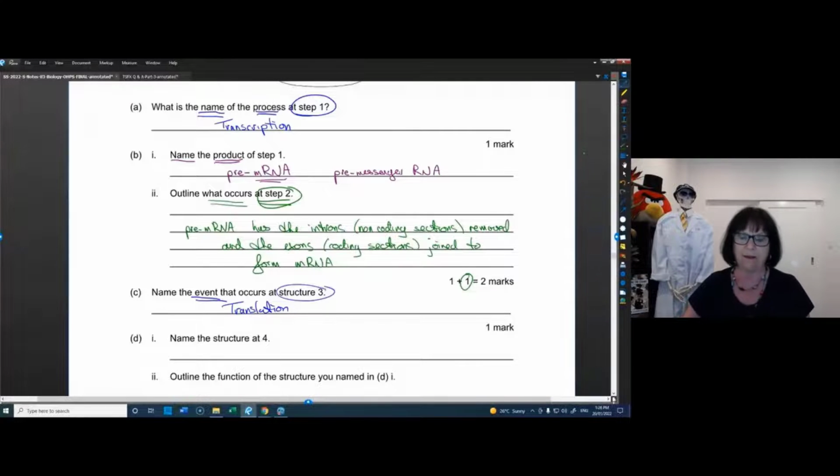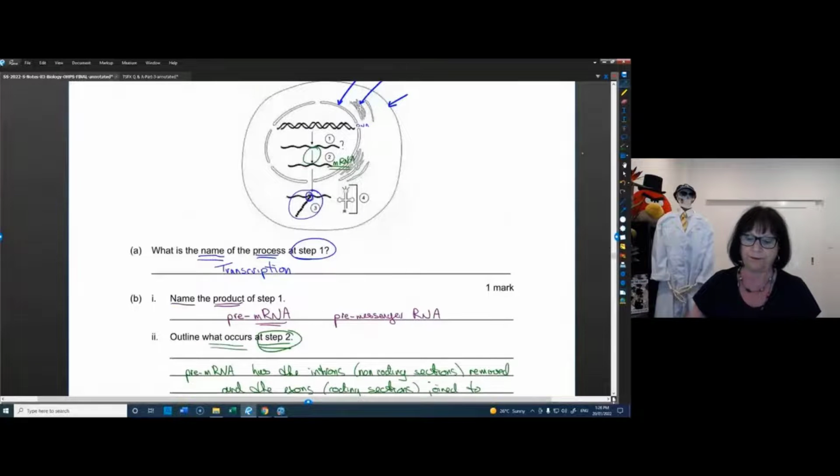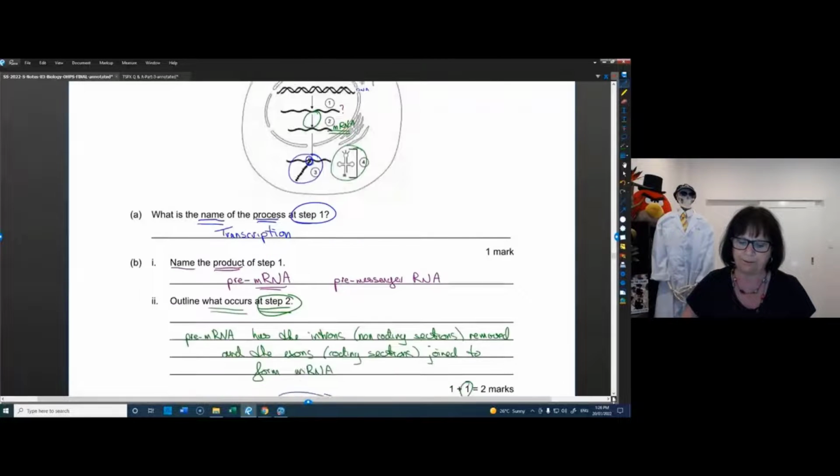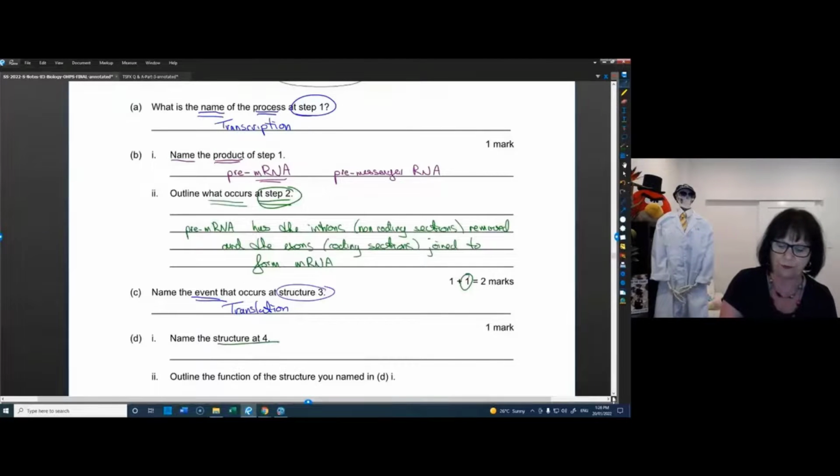Right, next one. Name, again, structure 4. Here's structure 4. Make sure you're reading the correct number and looking at the correct part. Very easy in a SAC or an exam to be a little bit nervous and to misread. So structure 4.